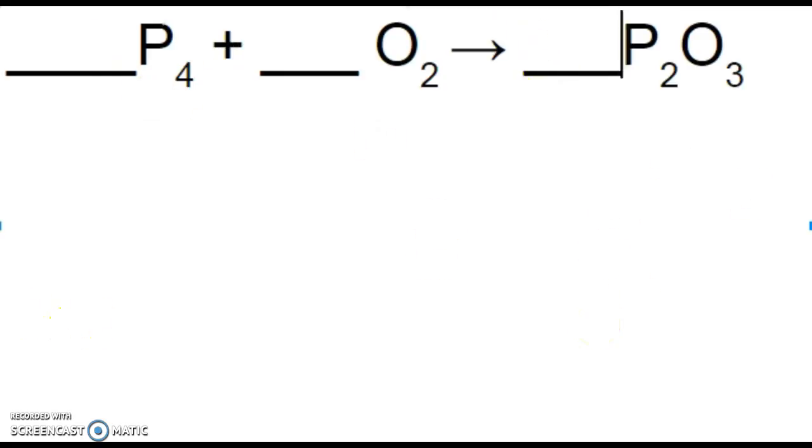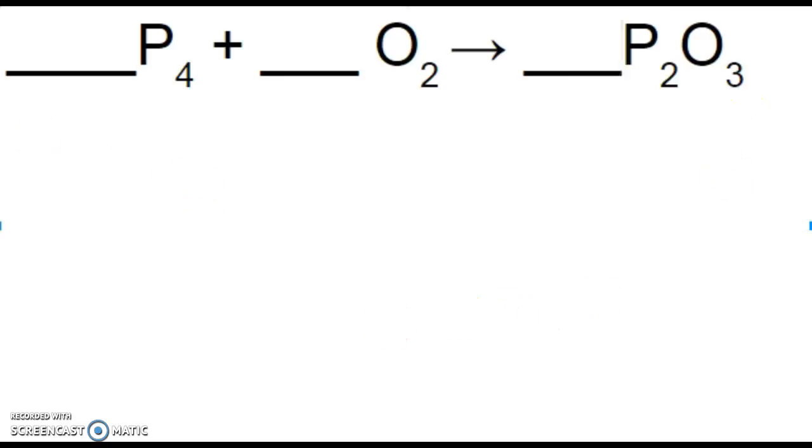So now our equation says that I have 4 phosphorus bonded together to make a molecule. I have 2 oxygens bonded together to make a molecule. When I react these 2 elemental molecules together, I will get a new compound. My new compound is P2O3.